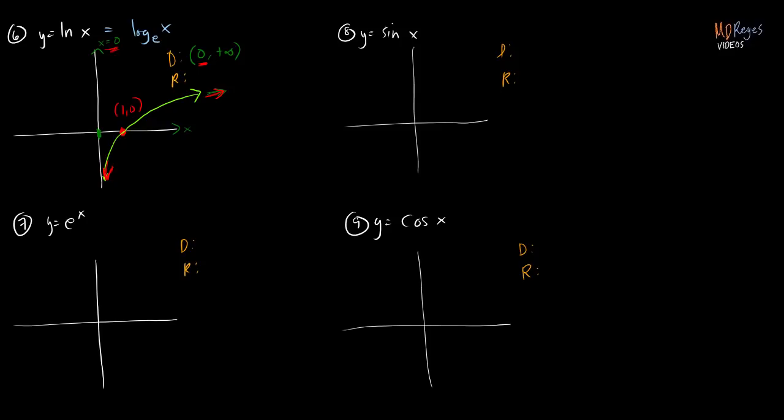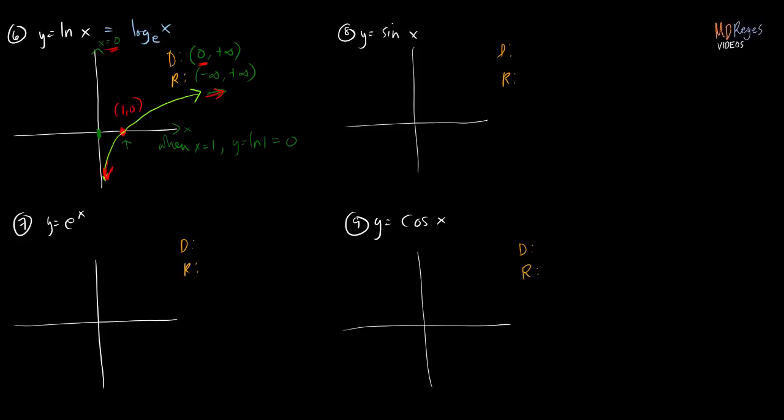So the range would be from negative infinity to positive infinity. It passes through the point (1, 0) because when x is 1, y is equal to ln of 1, and ln of 1 is equal to 0 according to our calculators.